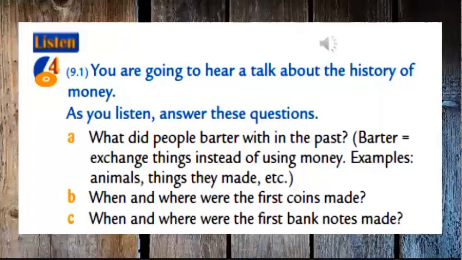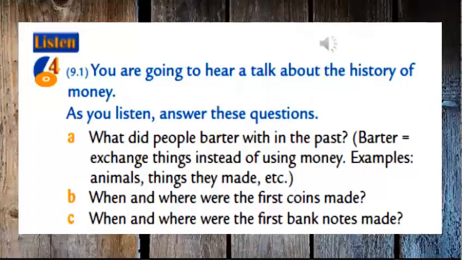Today, money plays such an important part in our lives that it's hard to imagine the world without it. But there was a time when money didn't exist. Before the invention of money, people had to get food, clothes, and other items by bartering.